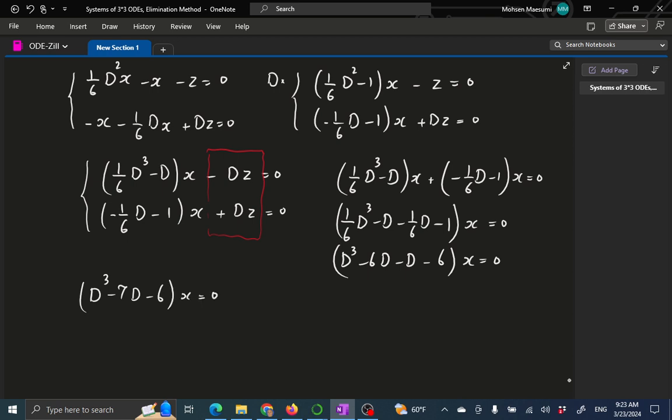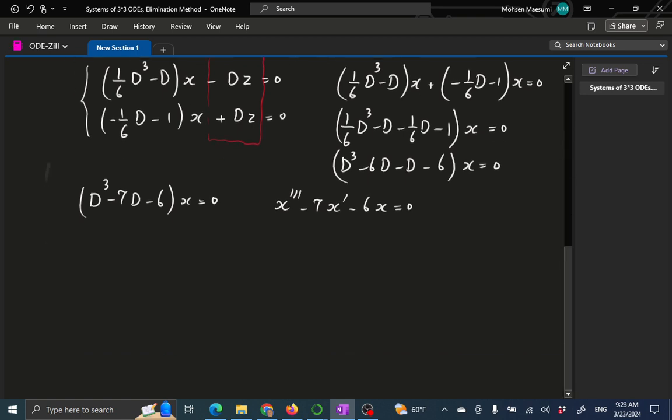Let me just remind you again, what does this mean? This means the third derivative of x, x triple prime, minus 7 times the first derivative of x, minus 6x itself is equal to 0. So we are solving a third order differential equation in x. How did we do that? You remember we used the method of characteristic equation.